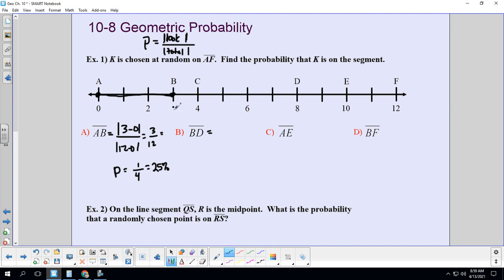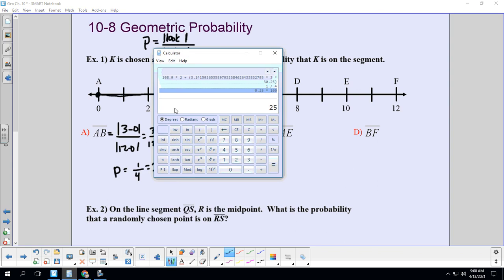So BD, B is at 3, D is at 8, so it's 8 minus 3. And we already know that the whole thing is going to be 12, so I will not do that calculation. 8 minus 3 is 5. 5 divided by 12 is 5/12. It doesn't reduce.